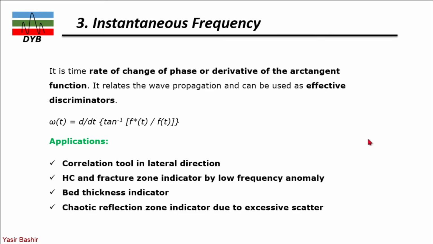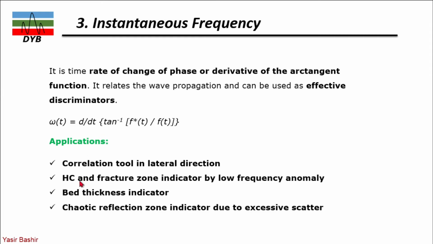It is an effective discriminator of the frequencies. If you look at the application, it is used as a correlation tool in the lateral direction. Let's say if your reflector is correlating in the lateral direction, then it can change.